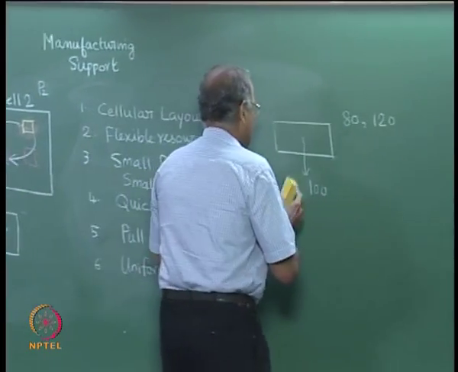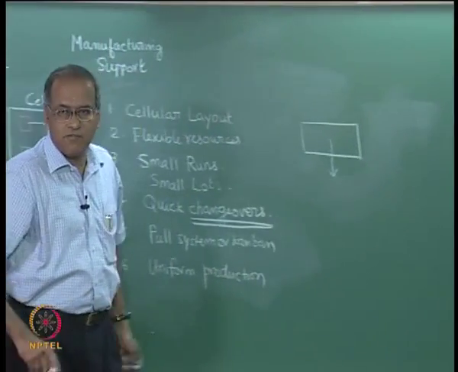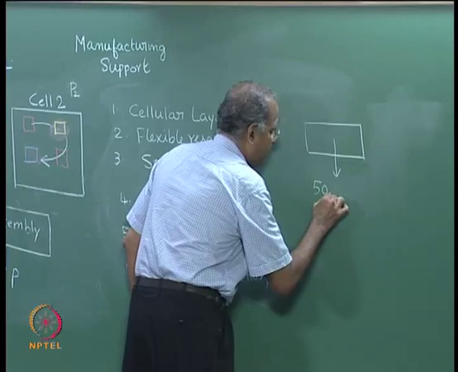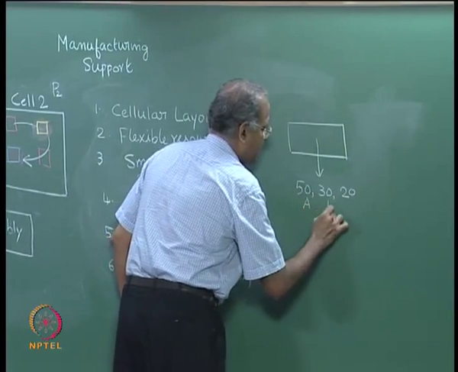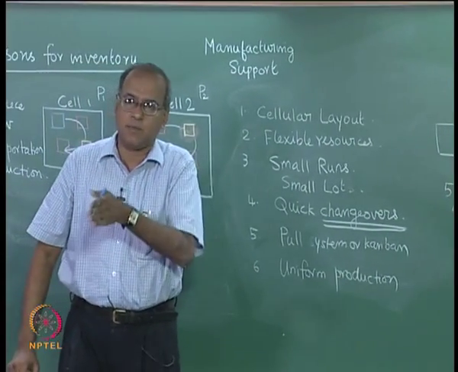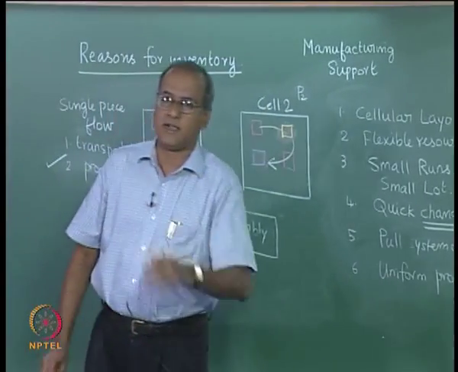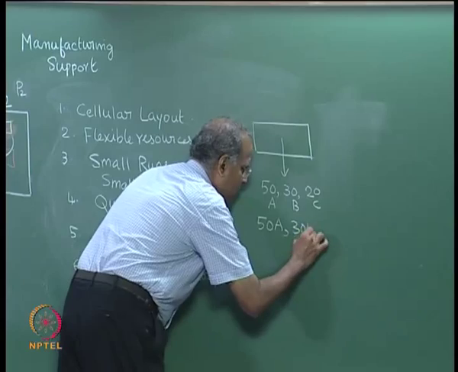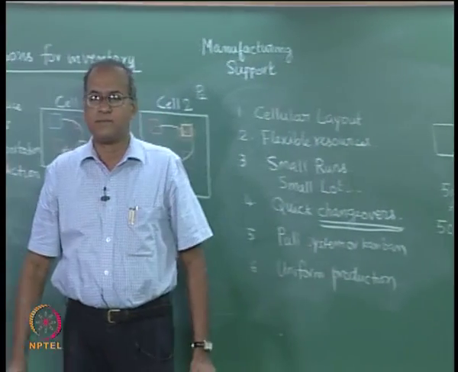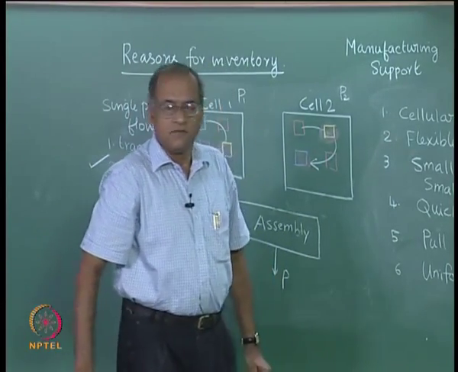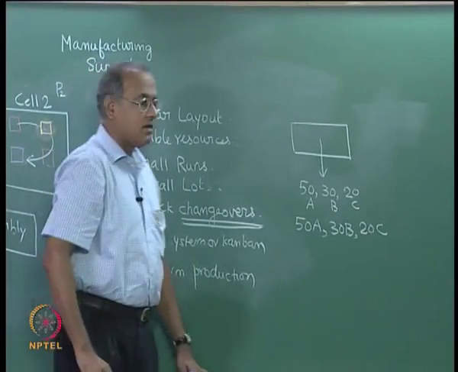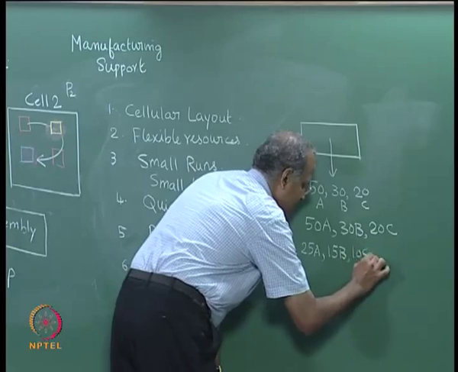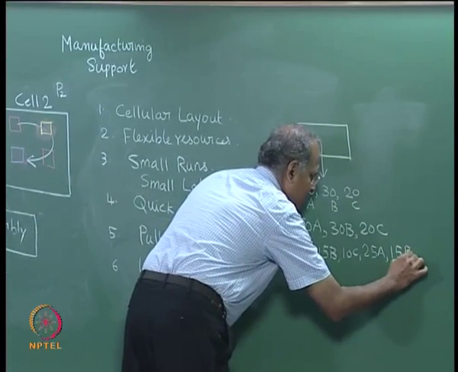Another way of understanding uniform production is, if this 100 capacity is for 3 products, and let us say I could make 50 of A, 30 of B and 20 of C in a day, where A, B and C are 3 products that I can make, or 3 varieties of the same product, then one thing I can do is have one batch of 50 of A followed by 30 of B followed by 20 of C. Or I could think in terms of 25A, 15B, 10C, another 25A, 15B and 10C.